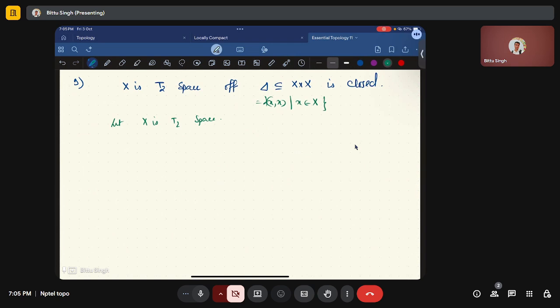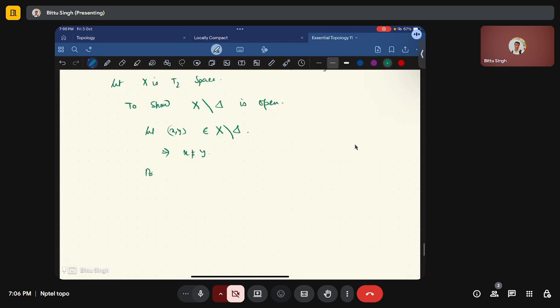So it is enough to show that X cross X minus the diagonal is open, right? So let (x, y) belong to X cross X minus the diagonal. That means x is not equal to y.